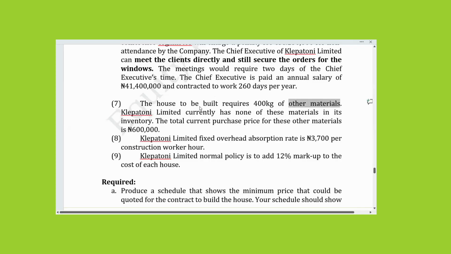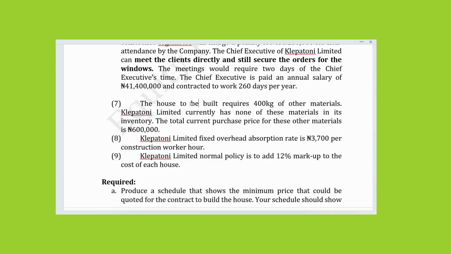Okay, because of time. Yes, Cynthia, talk to me. Okay, so it's a relevant cost because it's a current cost. We are told that the 400 kilograms of material will be needed for the project, and it is not in the warehouse.